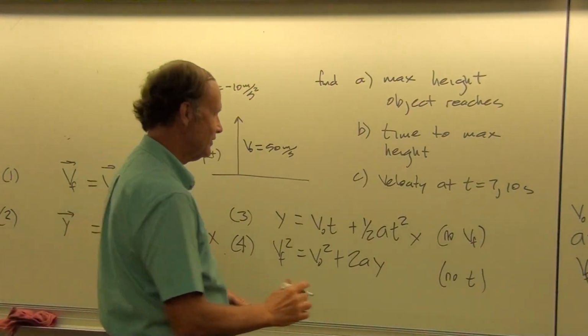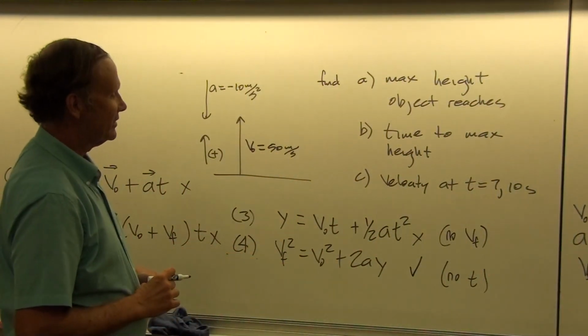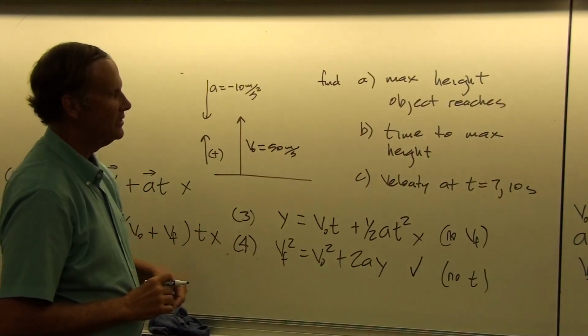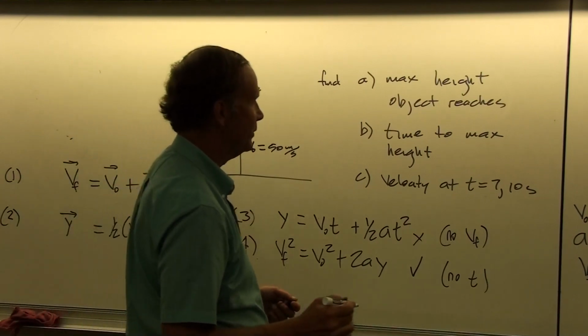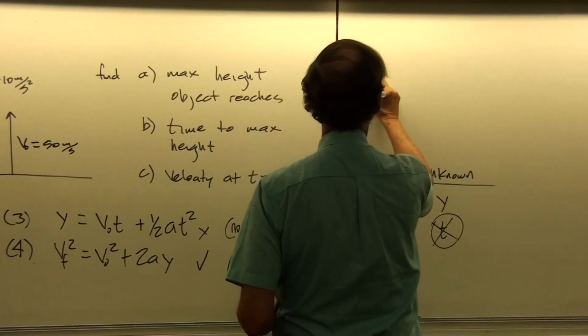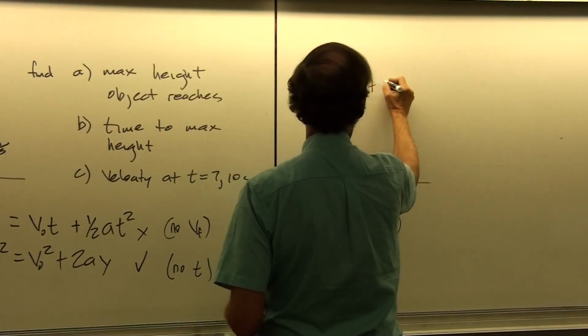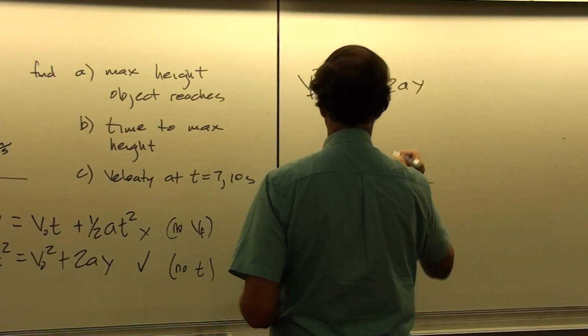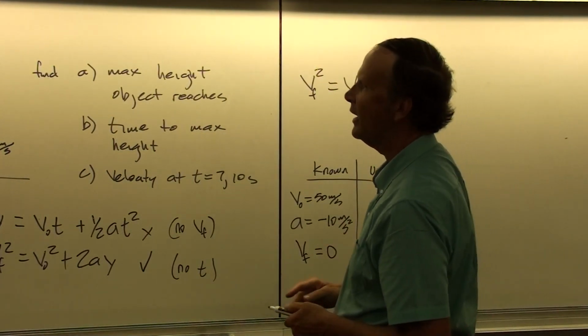So this is almost too good to be true. By a simple process of elimination, we can decide which of these 4 equations we need in order to solve for the maximum height. So we'll write this down then. V final squared equals V0 squared plus 2AY. Now A here is minus 10. But one word of caution.